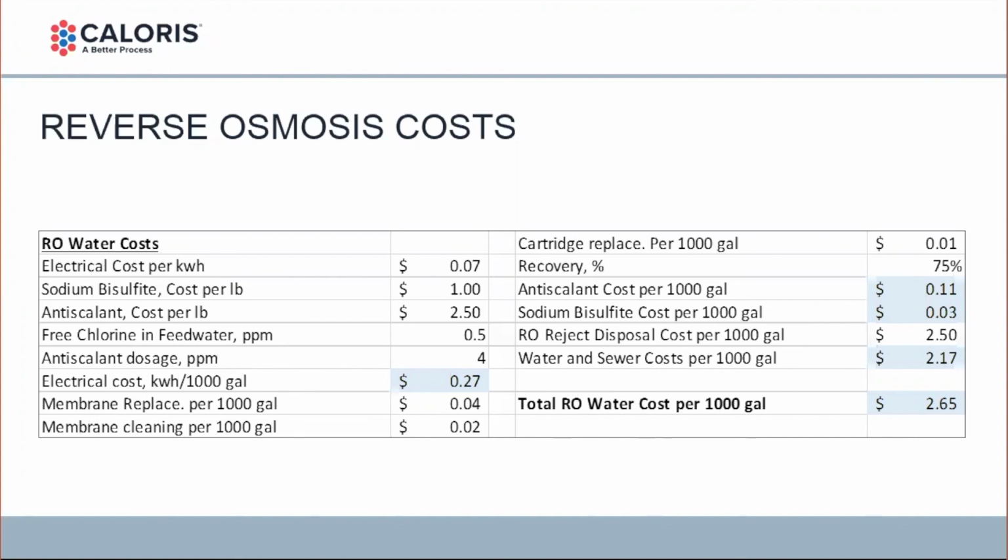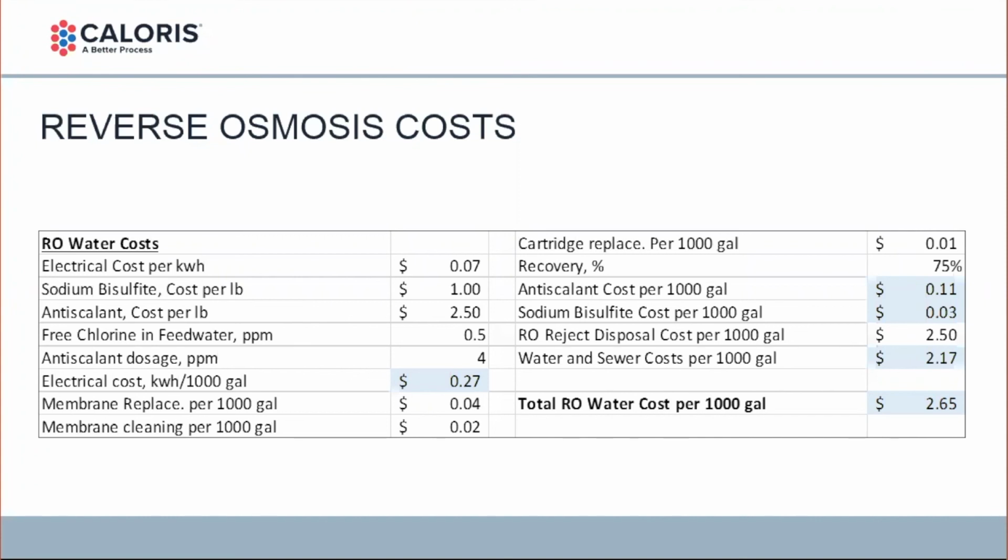Antiscalant, figure $2.50 per pound. For this example, I'm going to say there is 0.5 ppm of chlorine in the feed water, and the antiscalant dosage is 4 ppm. The pump is probably putting out 180 psi. That's going to give us an electrical cost of 27 cents per 1,000 gallons.